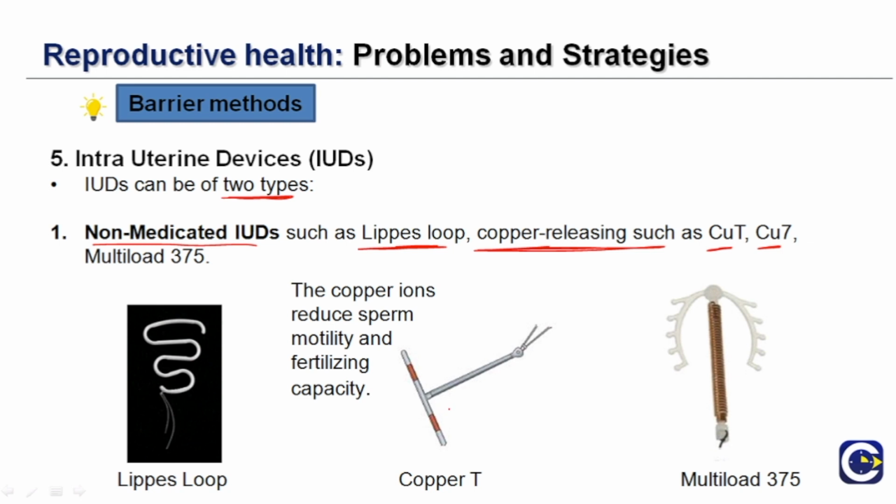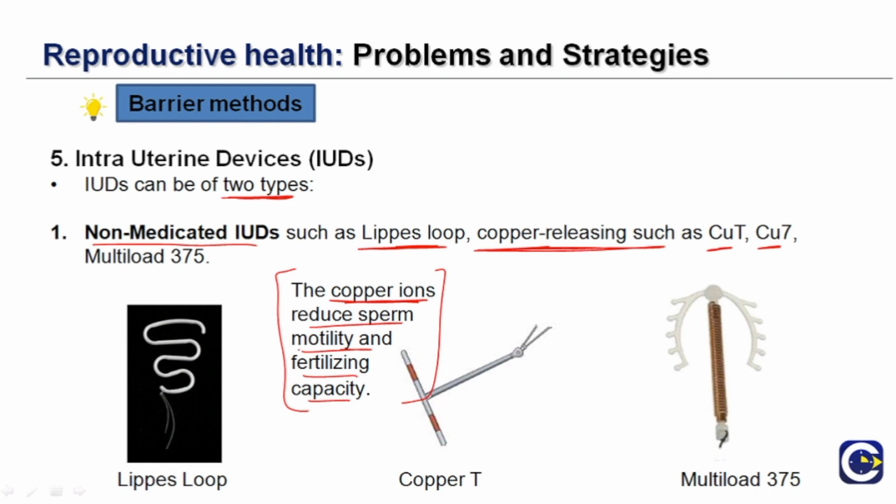And what is different about these is that copper T or copper-releasing intrauterine devices release copper ions. And this part is very important because these copper ions reduce sperm motility and fertilizing capacity.